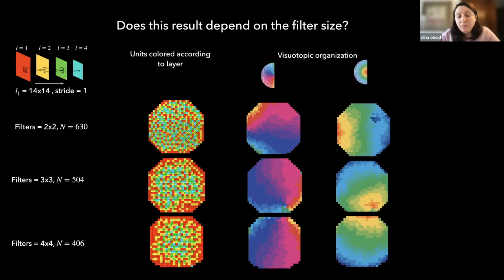And when I look at the visuotopic organization, I can see that I still have only a single map, right? So changing the filter size didn't give me more visual maps. I'm still having one visual area, one map, one smooth map.